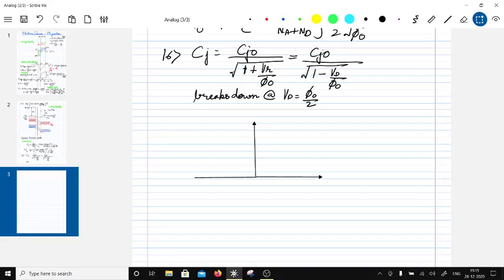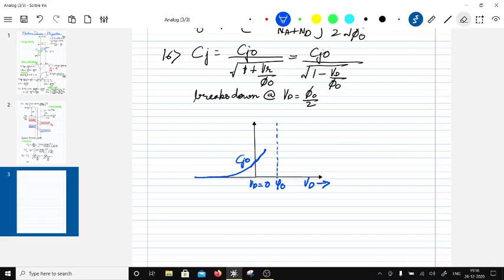Now what's going to happen is that this capacitance is going to tend to become 0, because as Vd becomes negative and large, this would ultimately become 0. This is going to rise up. So at Vd equal to 0, we have Cj0, right? And then at psi0, this is going to become asymptotic.